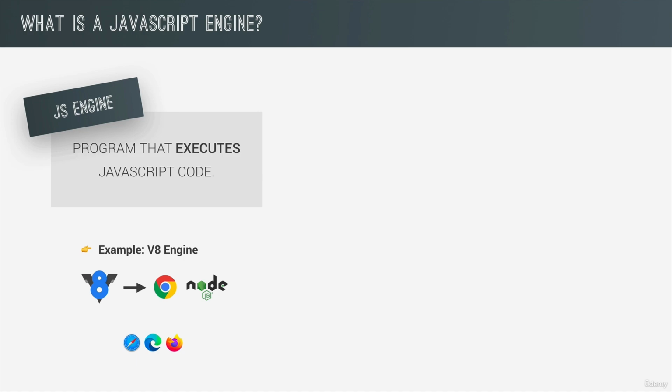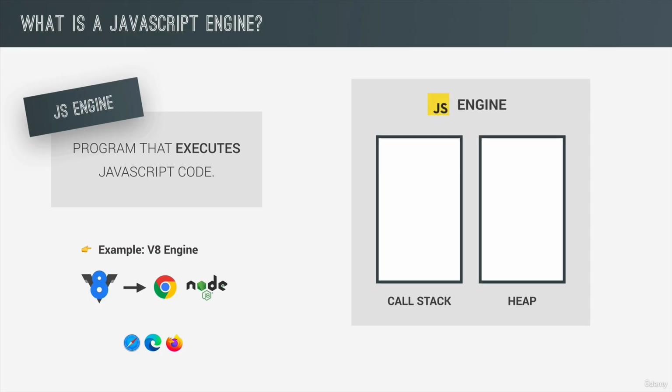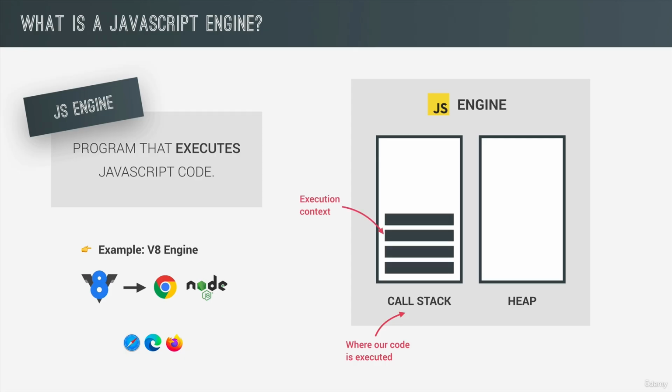Anyway, it's quite easy to understand what an engine is. But what's most important is to actually understand its components and how it works. So any JavaScript engine always contains a call stack and a heap. The call stack is where our code is actually executed using something called execution contexts.